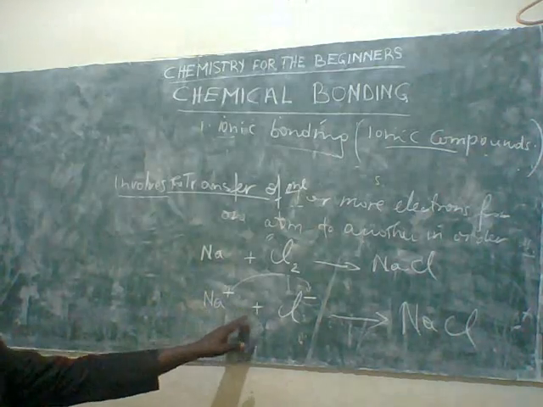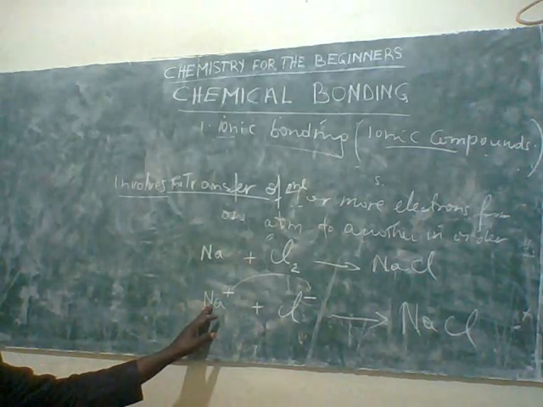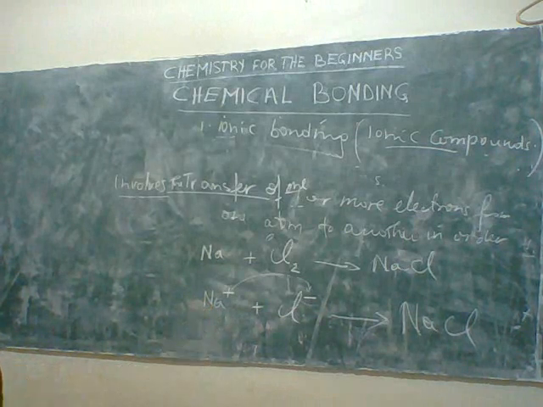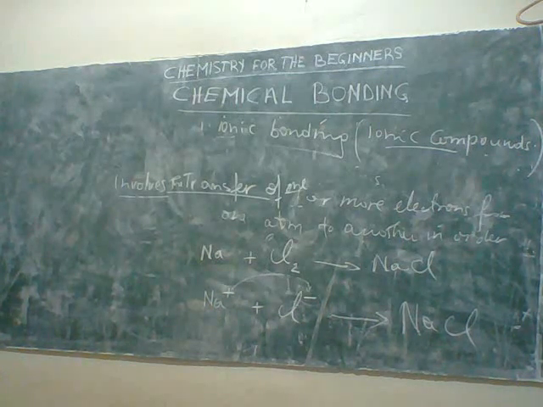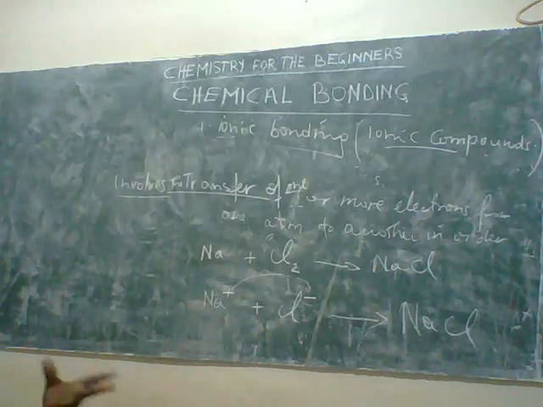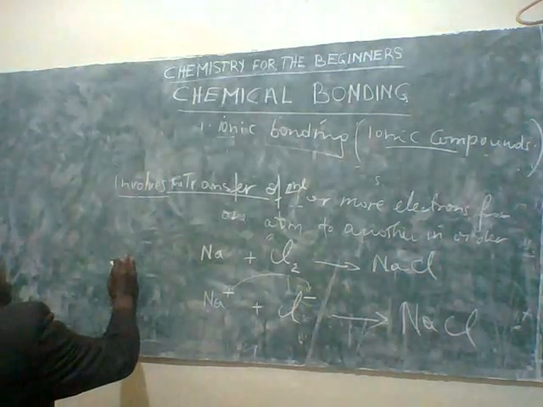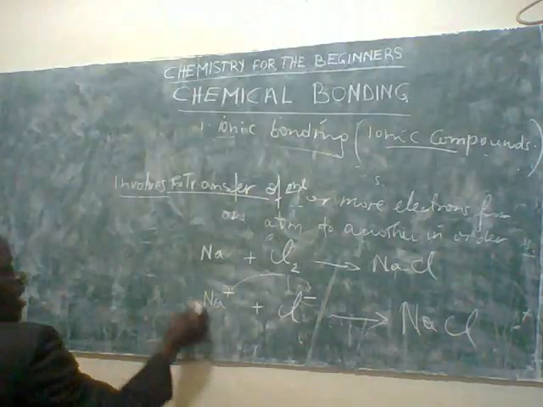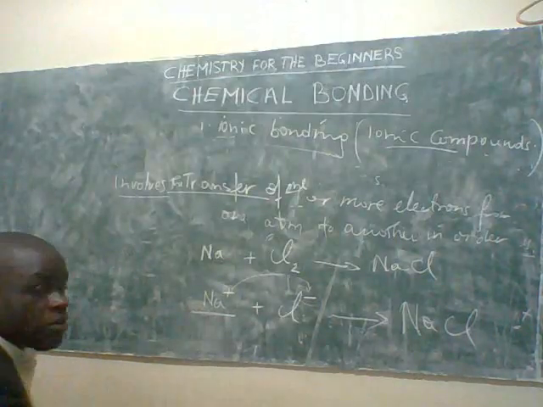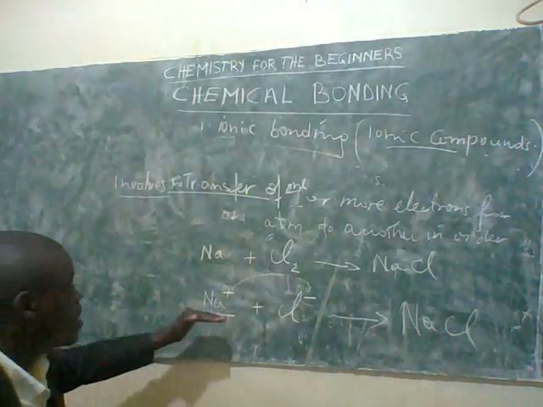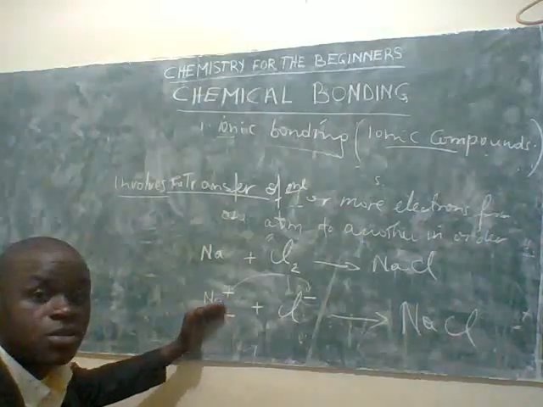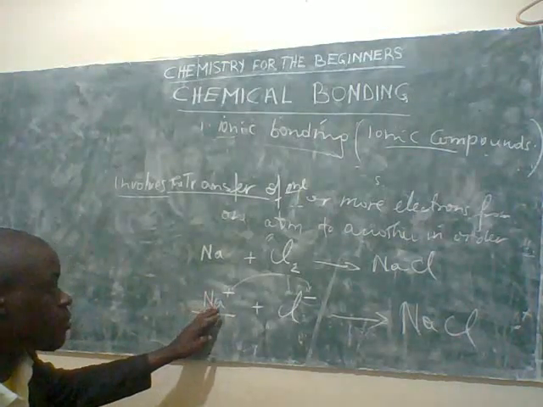So I can say sodium has donated one electron here. By losing one electron, the sodium atom achieves the stable electronic structure. In electronic configuration, when we say sodium, it means that it has lost one electron.